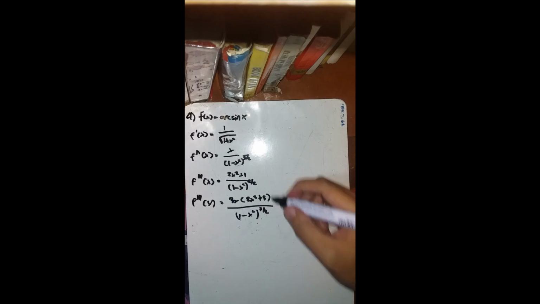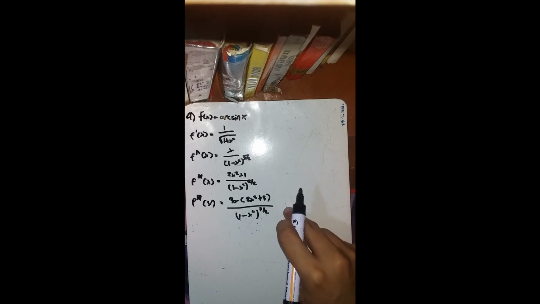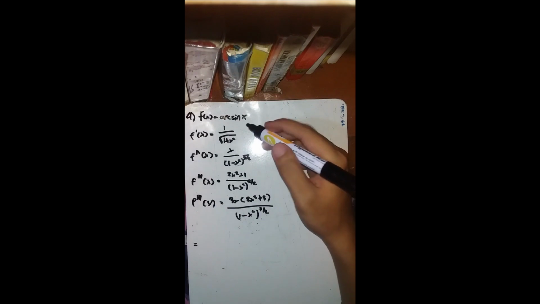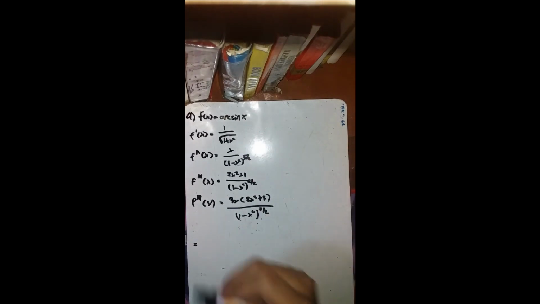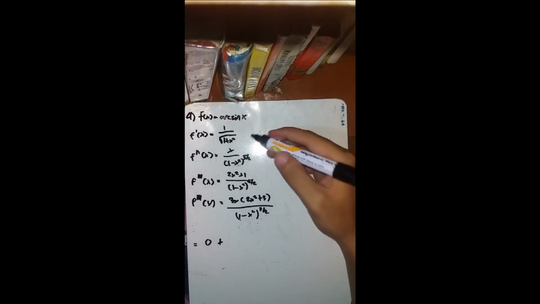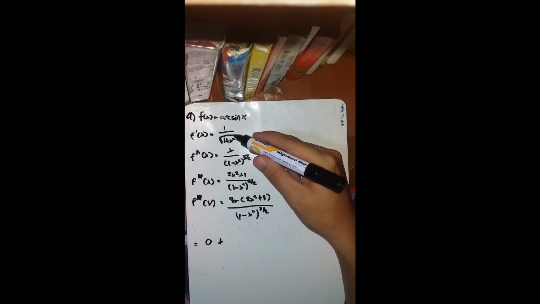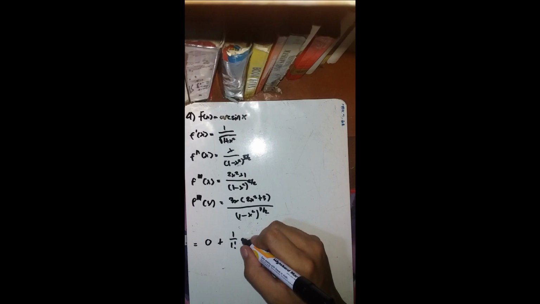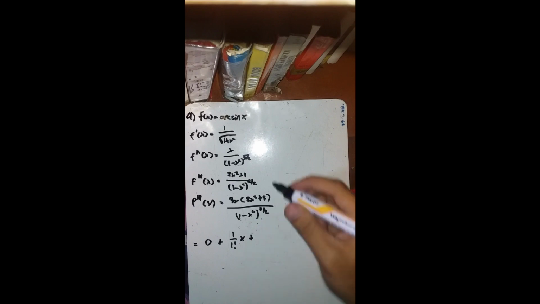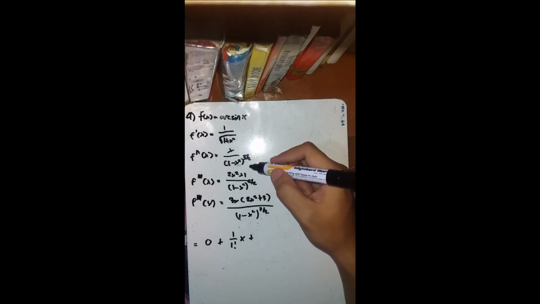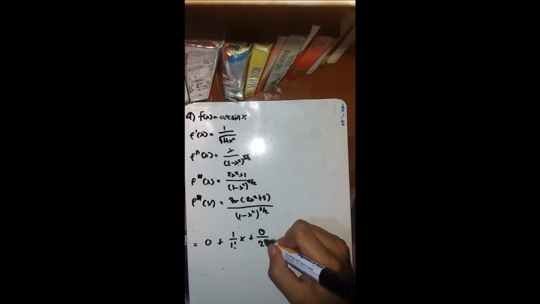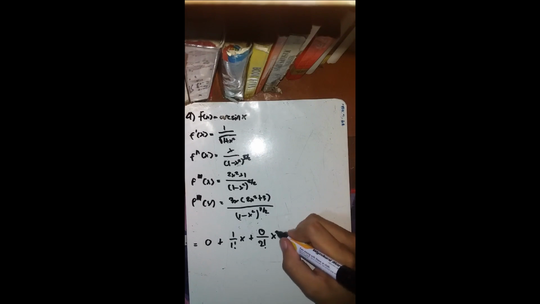So we stop here. Now we simplify. When x is 0, arc sine is just 0, plus when your x is 0, this becomes 1 over 1 factorial times x, plus when your x is 0, we have 0 on top, so this becomes 0 over 2 factorial x squared.